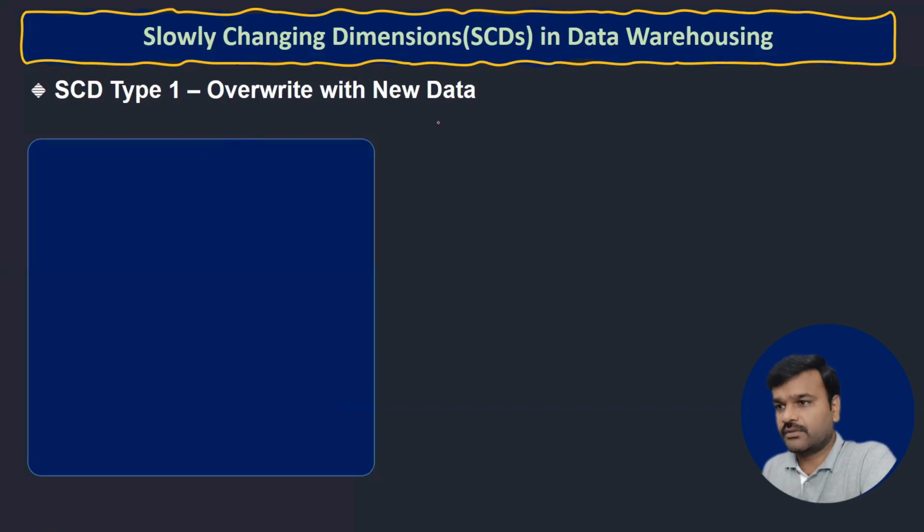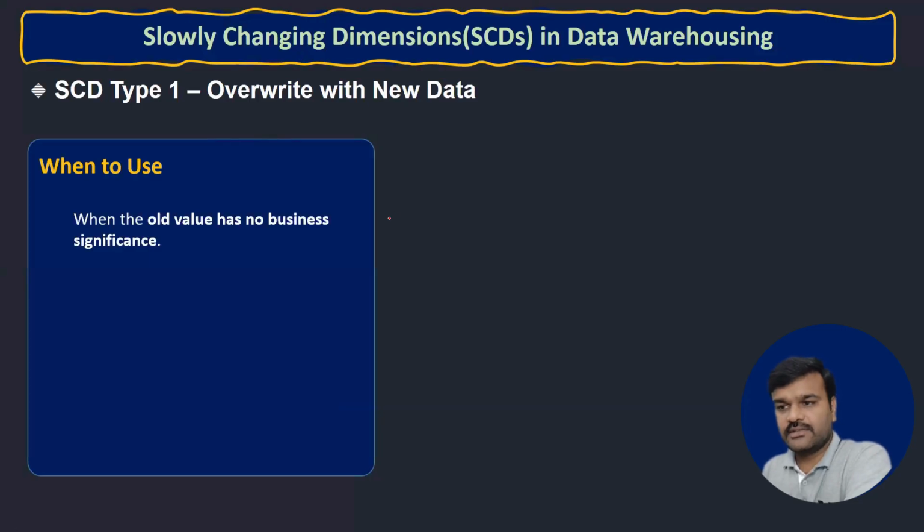Now let us try to understand, overall, what is Type 1 actually, and when to use it. It is very simple: we don't need the history. The old values don't have any importance, so you can simply always take the current value just by overwriting it.